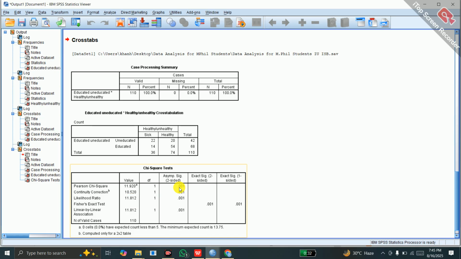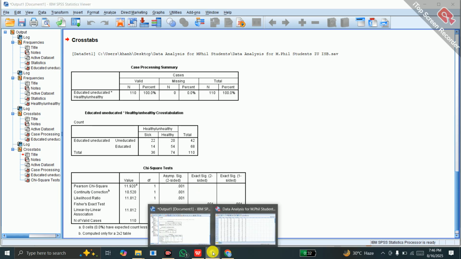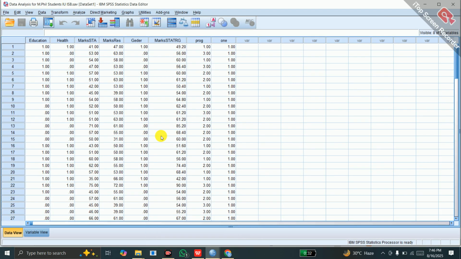Since this observed significance value or p value is less than 0.05, we reject the null hypothesis of no association between the two categorical variables, and we conclude that there is a significant association or relationship between education and health. After that, I would like to make some graphs of these variables.